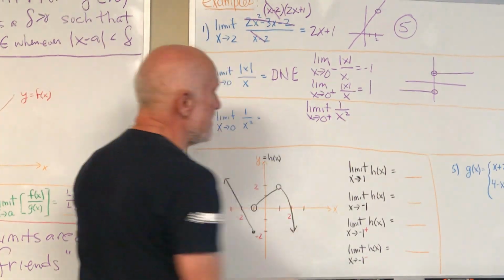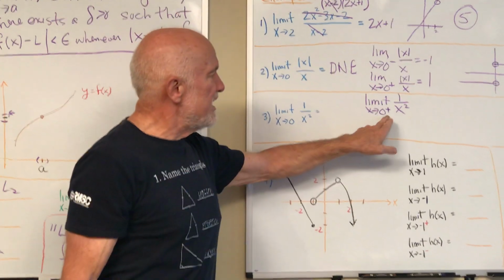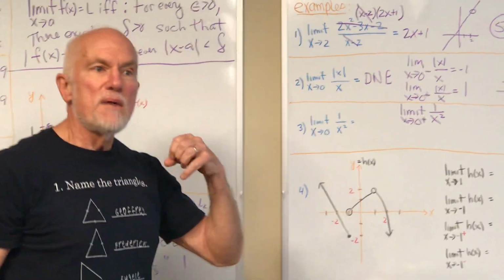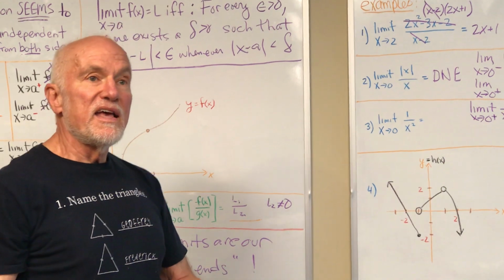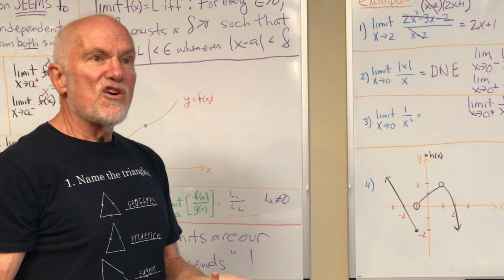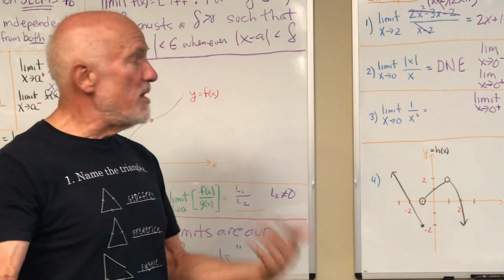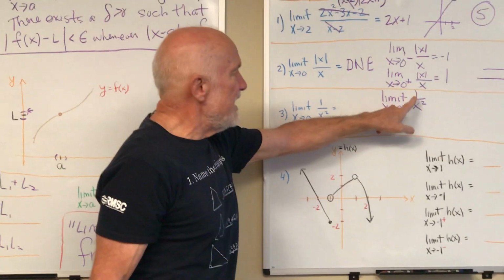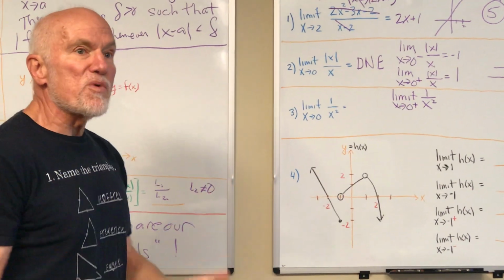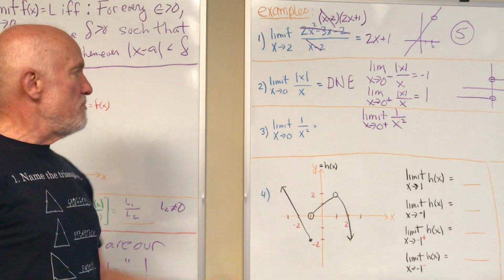Think about what happens if you took a number to the right of 0, like 0.001, and squared it. You're going to get a really, really small number. And if you take 1 and divide it by that really small number, you're going to get something really big.